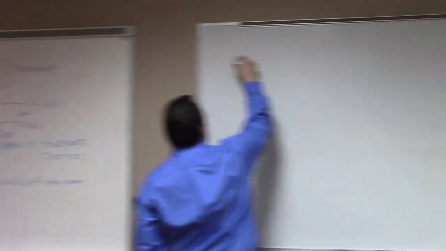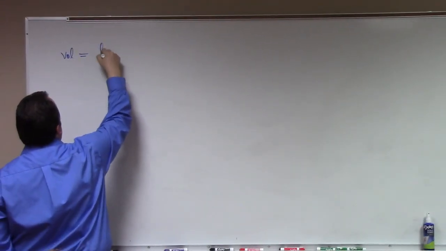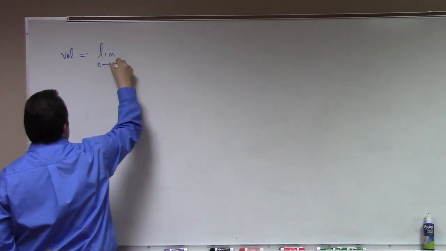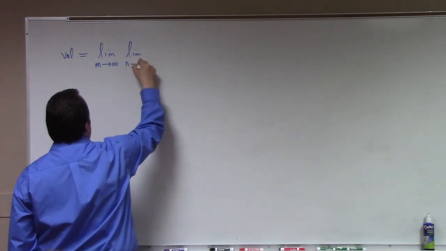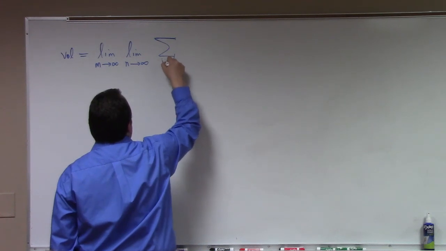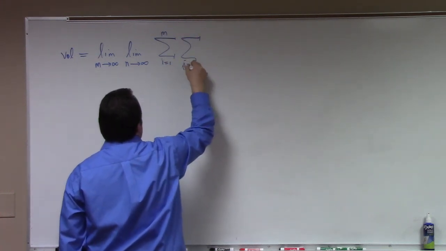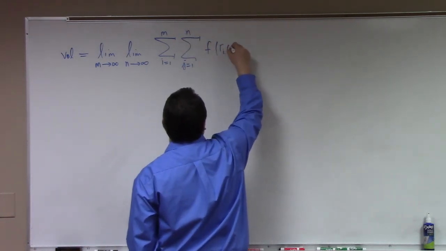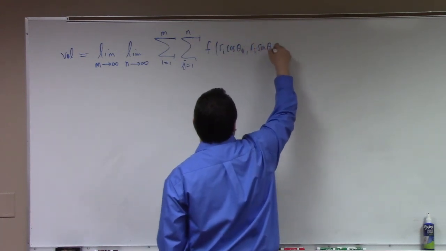So the volume would be basically the limit as n goes to infinity. Let's say m goes to infinity. The limit as n goes to infinity of the sum i equals 1 to m, the sum j equals 1 to n. We've got f of r sub i cosine theta j, r sub i sine theta j.